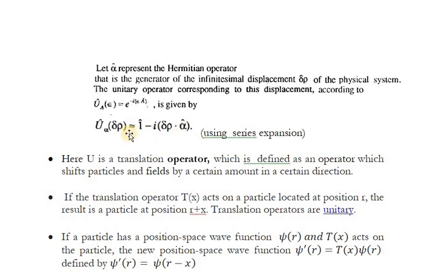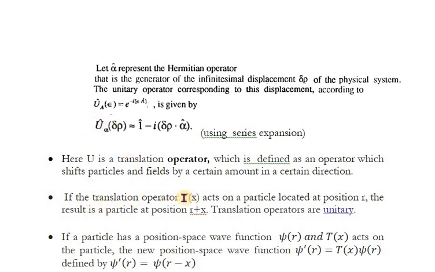Here U is a translation operator, displacement. In the case of displacement, we consider U as a translation operator, which is defined as an operator which shifts particles and fields by a certain amount in a certain direction. Now we put T instead of U for the translation operator.